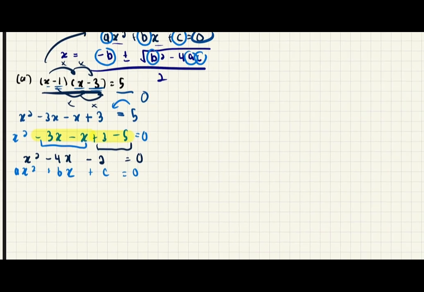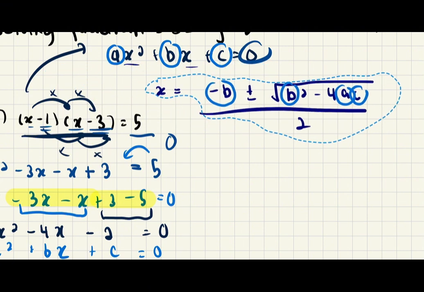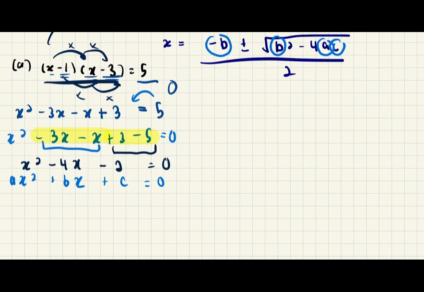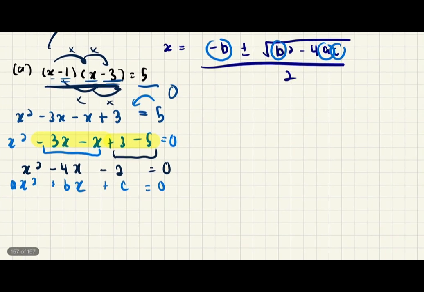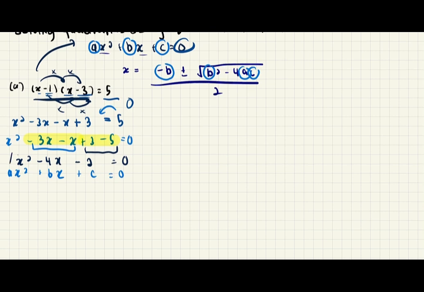Okay, so now we take this formula. Let me just move this formula elsewhere because it's very crowded. So here we can replace into the formula with the values that we got. Our a is 1 because there's no number in front of x, therefore it's 1.